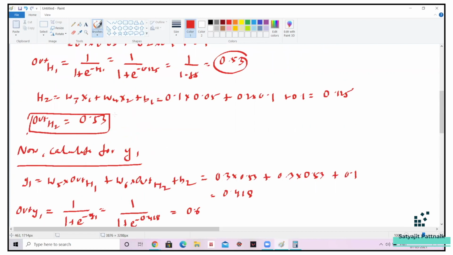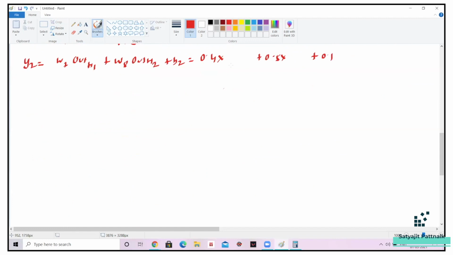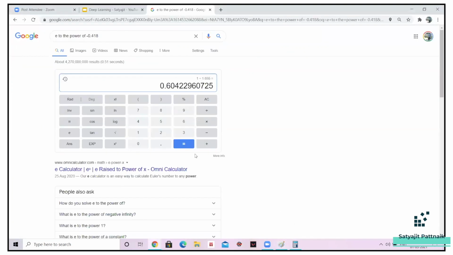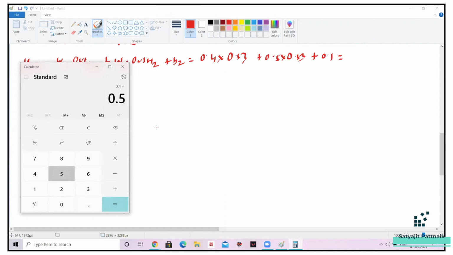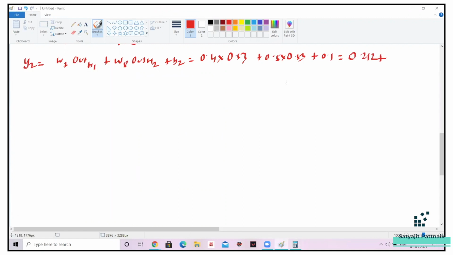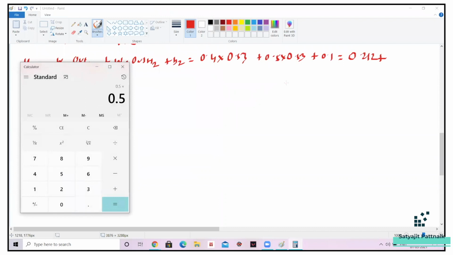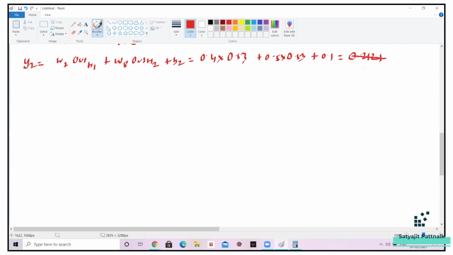The output of H1 is 0.53, right? So 0.53 into 0.53 plus 0.1. Let's calculate. 0.4 multiplied with 0.53 is 0.212, plus 0.5 multiplied with 0.53 is 0.265, plus 0.212 plus 0.1 is 0.577. So what will be the output of Y2?